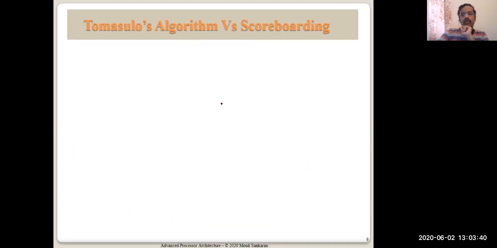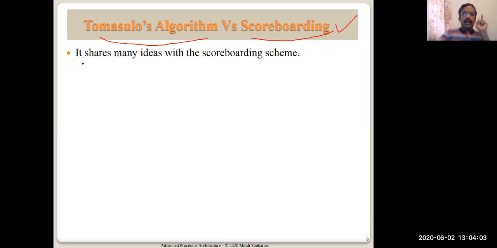Okay, I'm going to now give a break after this slide. I want you to compare what I showed you just now, which is Tomasulo's algorithm running on that architecture, versus what you saw yesterday, scoreboarding. Hope you understood this. I am going to give you a difference between these two. It shares many ideas with scoreboarding.